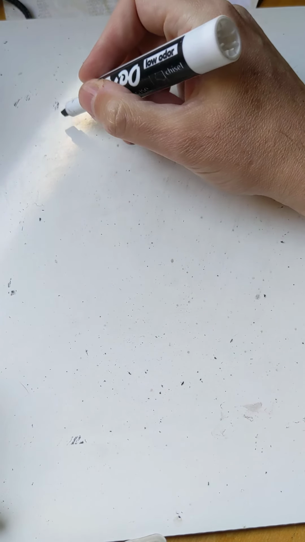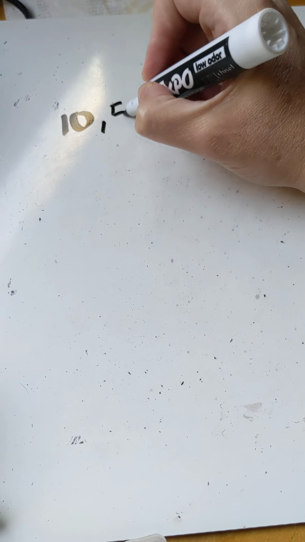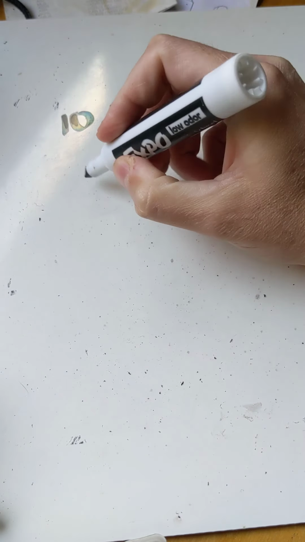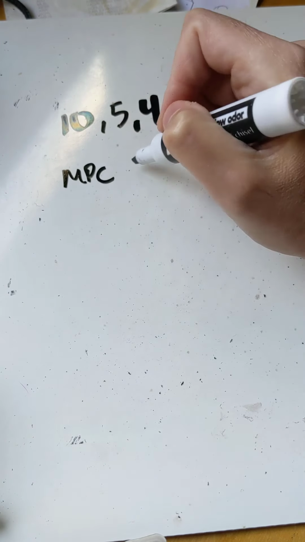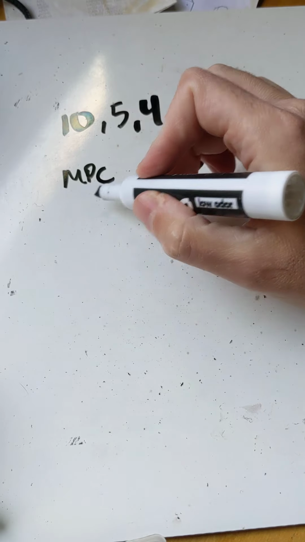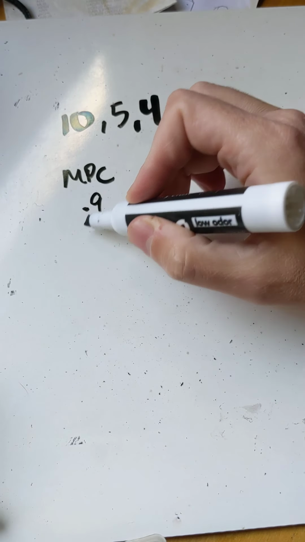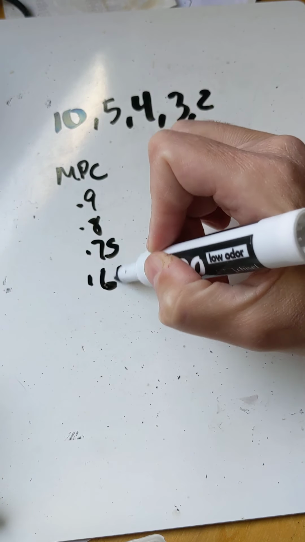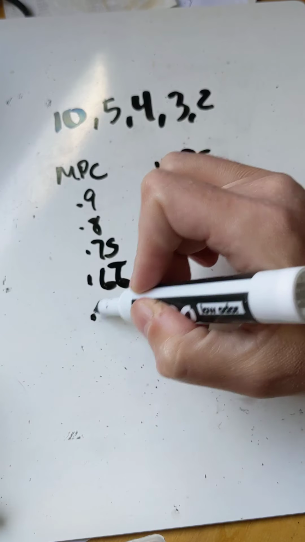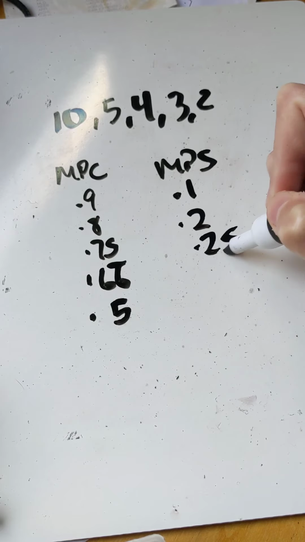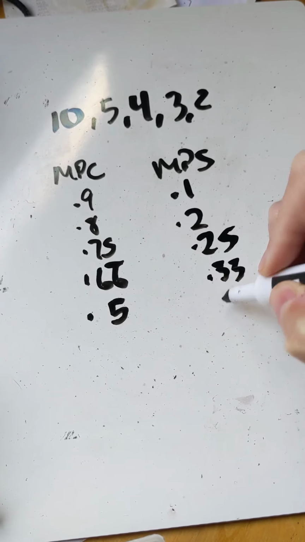In this class and on the AP test, you're going to be dealing with multipliers of 10, 5, 4, maybe 3, and maybe 2. The reason is because those are MPCs of 0.9, 0.8, 0.75, 0.66 repeating, and 0.5, and that makes an MPS of 0.1, 0.2, 0.25, 0.33, 0.5.